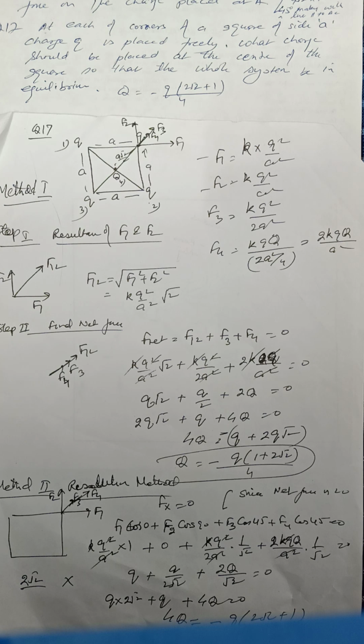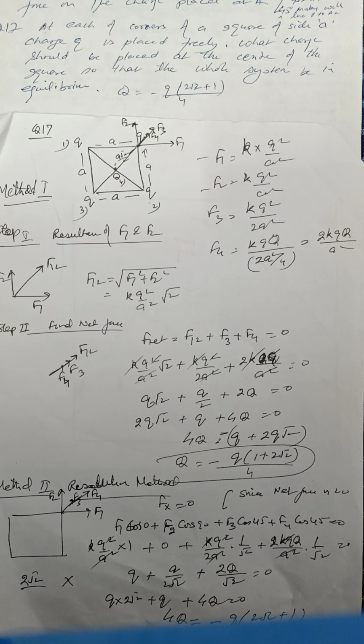So the total force is F12 plus F3 plus F4, but the question says the system is in equilibrium, so the net force will be equal to 0. So F12 plus F3 plus F4 equals 0. We put in the values of F12 from step 1 and F3 and F4 from the top right side, and on solving we get capital Q equals minus q by 4 into (1 plus 2 root 2).